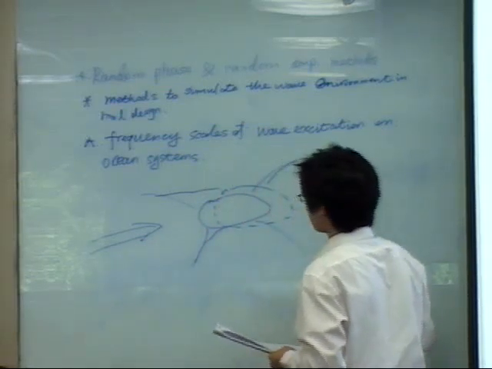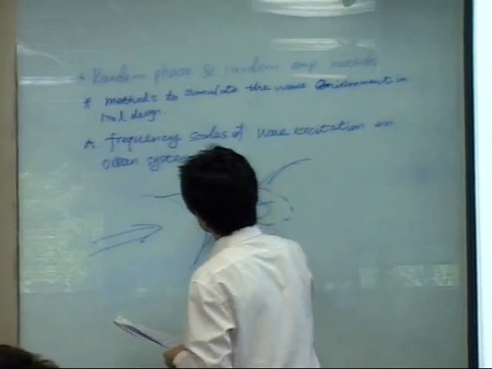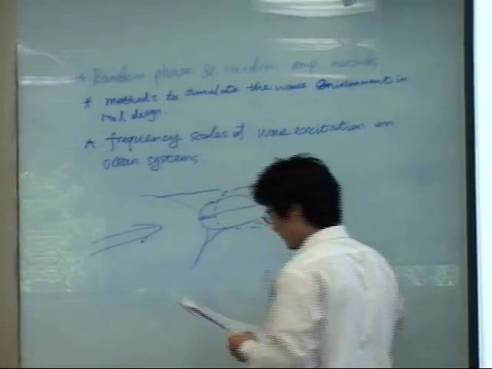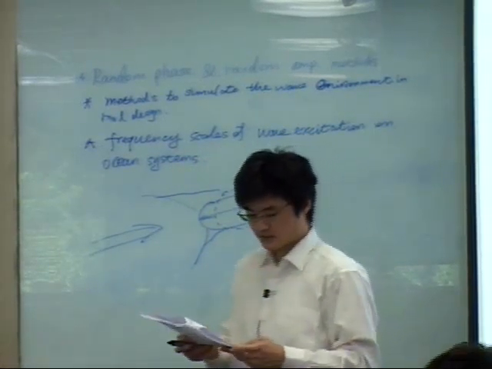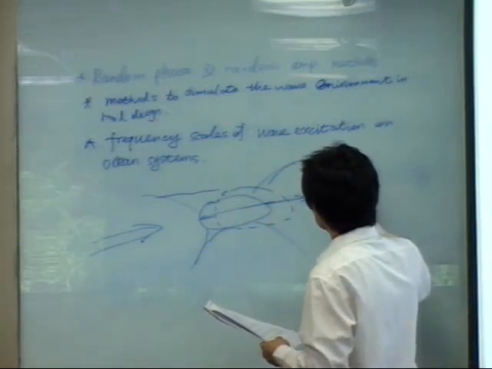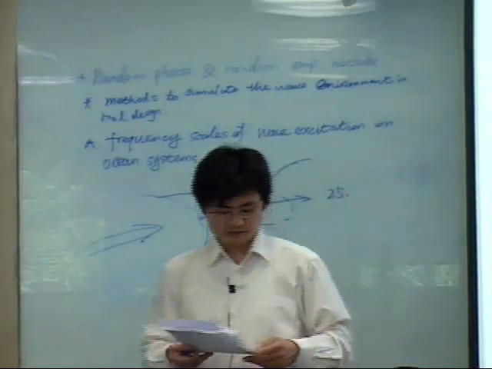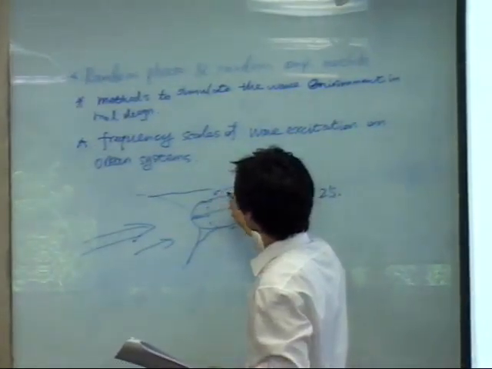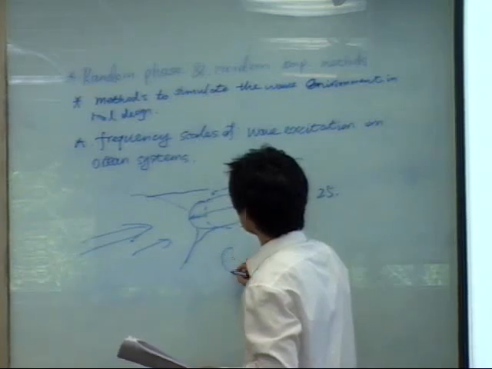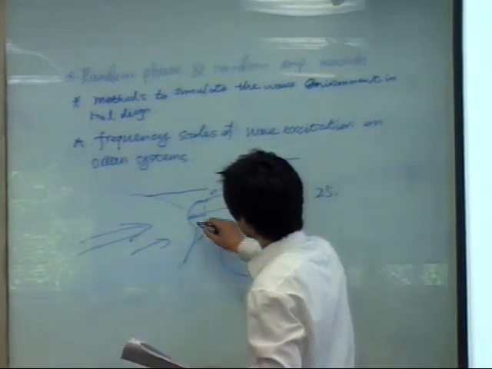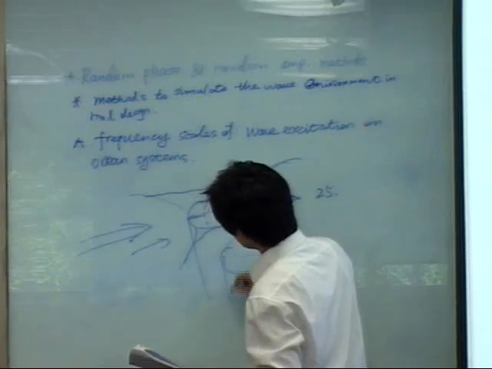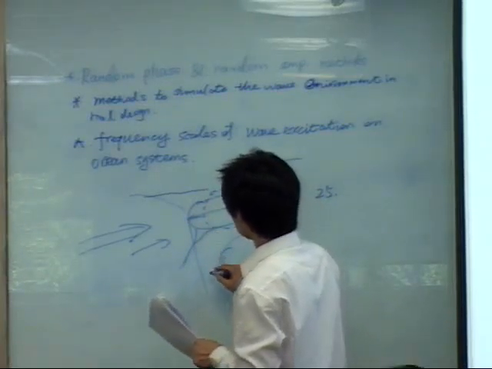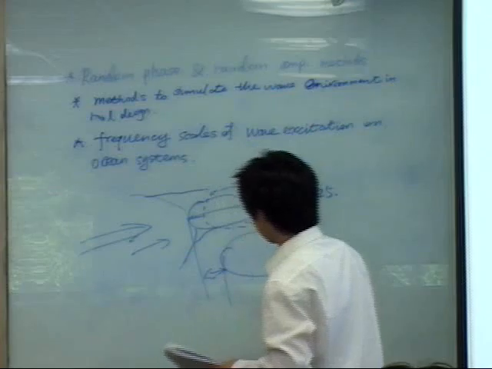This is a very slow process, and then it comes back. The typical period of this is probably larger than 25 seconds. And also we have mean drift. That is if the current, wind and waves give you a sort of permanent displacement from where it should be, that's called mean drift.